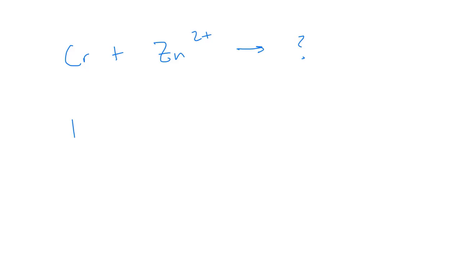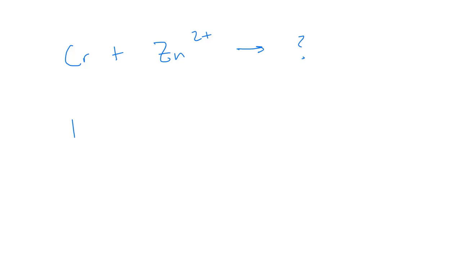So higher on the series means higher chance of losing electrons. That's the idea behind the activity series. It's more likely that you'll be oxidized, that you'll lose your electrons. But you only want to lose them if you have them to lose, right? Zinc already lost some. It doesn't want to lose any more. Good.